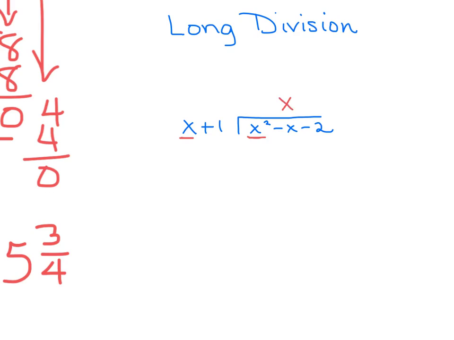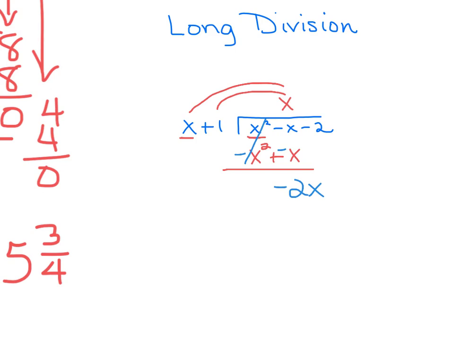So now I need to distribute and multiply the x to the x and the x to the 1. And I'm going to write it underneath. Now remember, my next step is to subtract. So what I like to do is I just flip my signs to opposites. So now, x squared minus x squared is gone, and then negative x plus negative x is negative 2x.